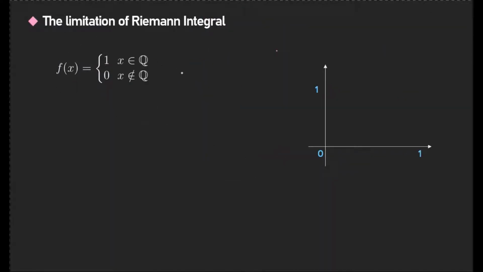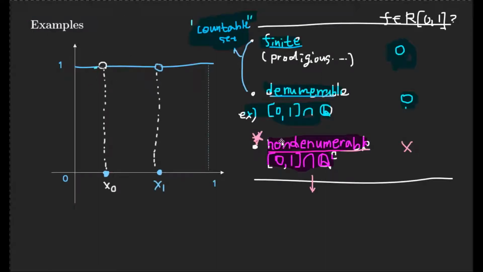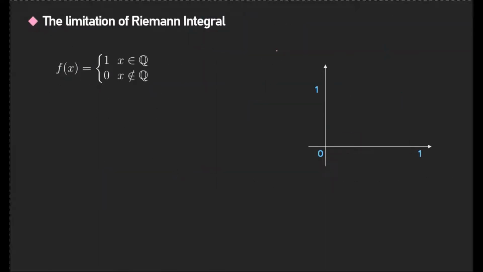In fact, this case is expressed here: if x is a rational number the value is 1, and for an irrational number it is something else, on the given interval 0 to 1. The rational numbers are denumerable and the irrationals are non-denumerable.